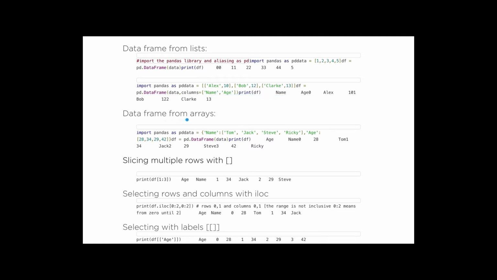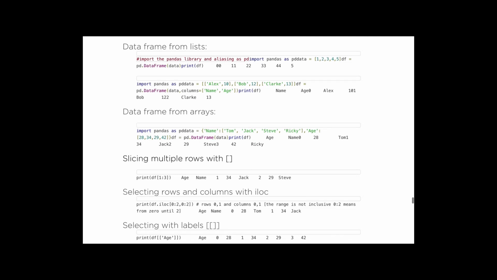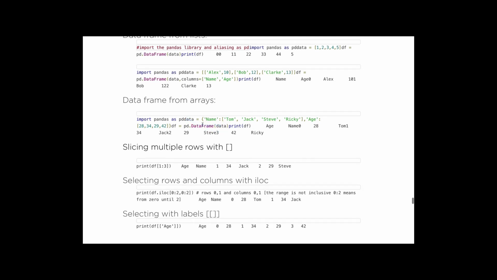You can create a data frame not only from a list, you can create it from arrays. So you have 2 arrays here, name and age. When you start looking through the slides after the video lecture, I suggest you go through each command and each line, and make sure to reproduce it so you are familiar with it. And here's the data frame print function.